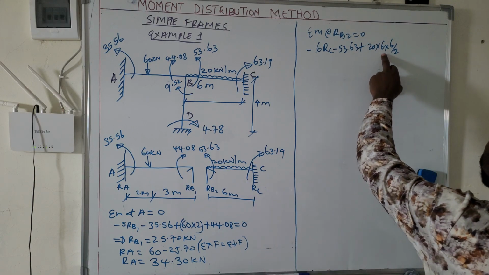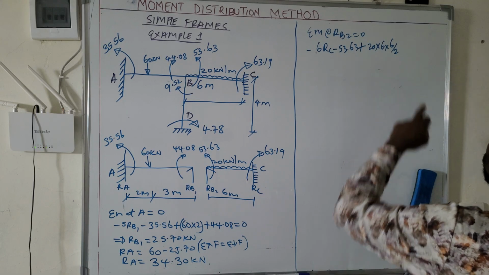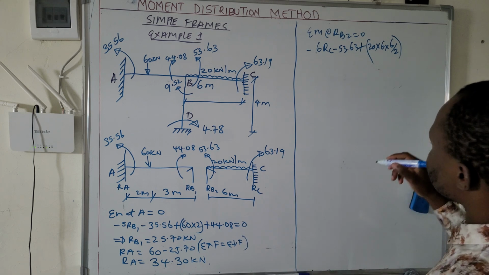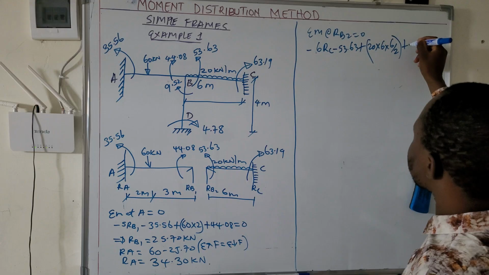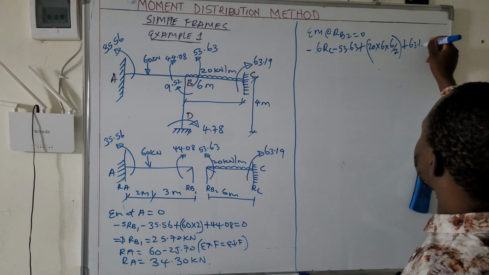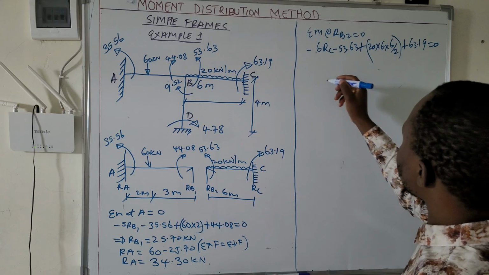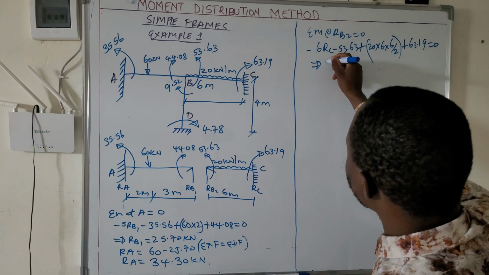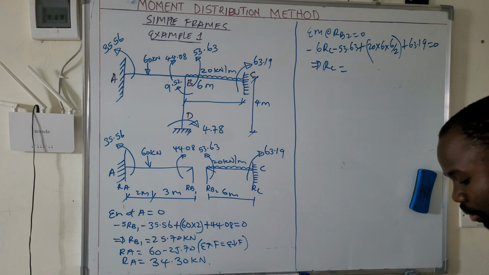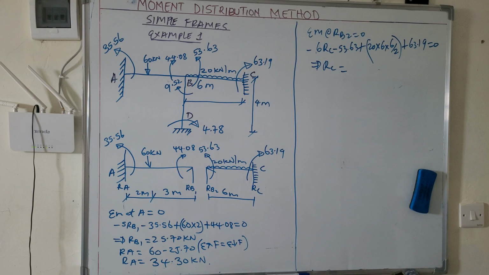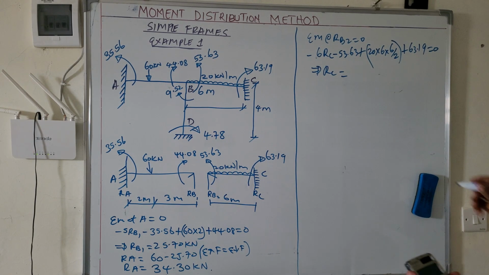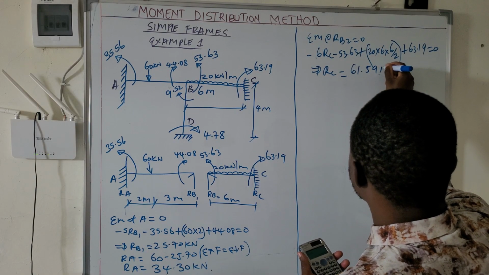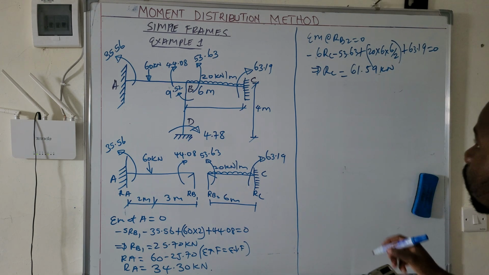So we are multiplying by 6 to change it to a point load, and then the moment acts at the center, like that. Then you come to this one. In which direction? Clockwise, plus 63.19 is equal to 0. So if you can carry out the operation correctly, you will find that RC is equal to, let me punch my calculator, 61.59 kilonewton. So that is RC.